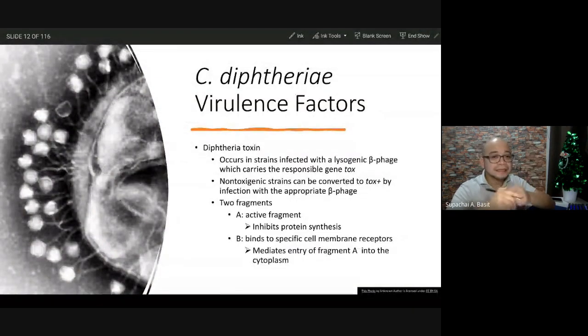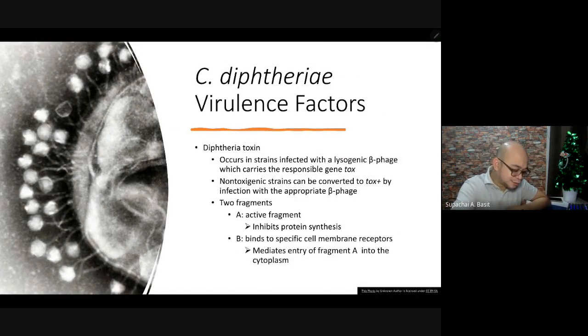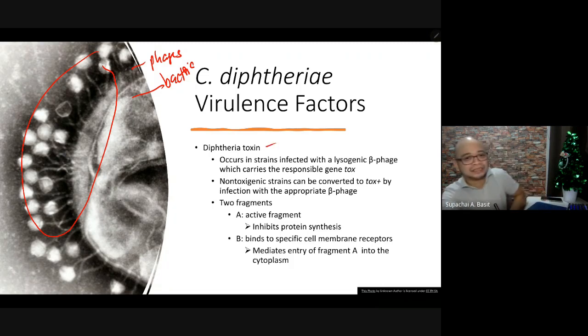So this is an example of an electron micrograph of bacteria and numerous bacteriophages trying to inject genetic material into the bacteria. In this case, that is the bacteria producing diphtheria toxin.